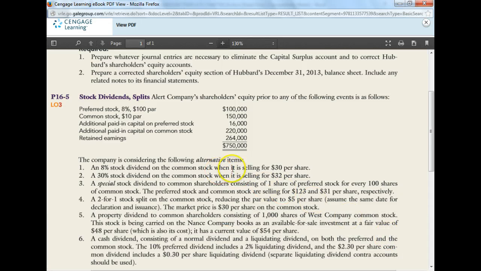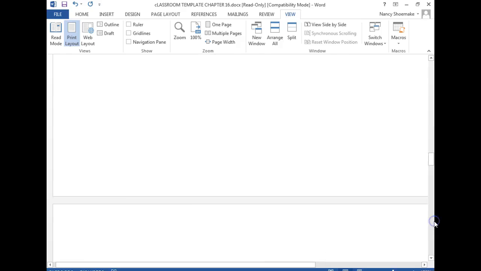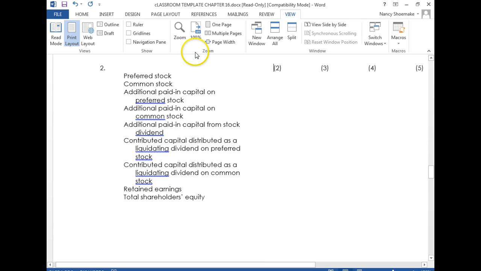An 8% stock dividend on the common stock when it was selling for $30 per share. So in this scenario, our preferred stock didn't change, did it? It was at 100,000. Our common stock, we started at 150,000.